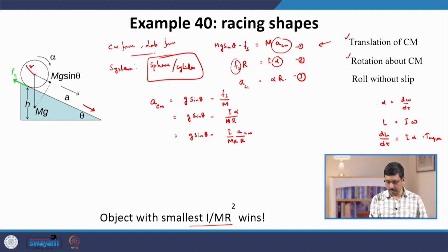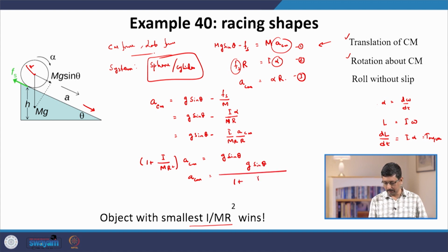So, we have 1 plus I by mr square times a is equal to g sin theta. That means a_cm is g sin theta divided by 1 plus I by mr square. So, the acceleration depends on several parameters: the angle of inclination, the acceleration due to gravity, the moment of inertia of the object, the radius of the object and the mass of the object.